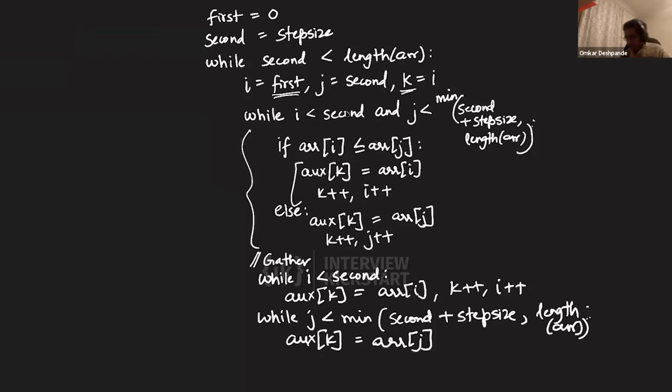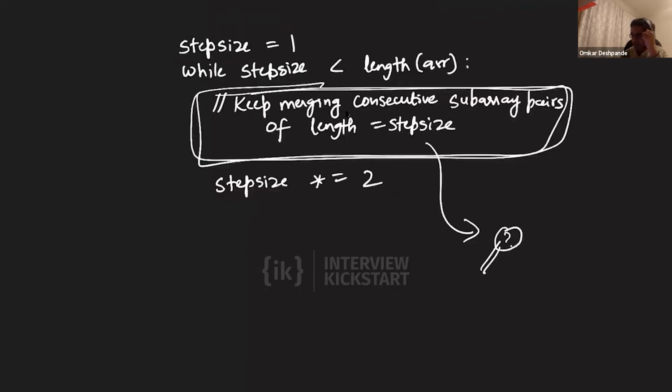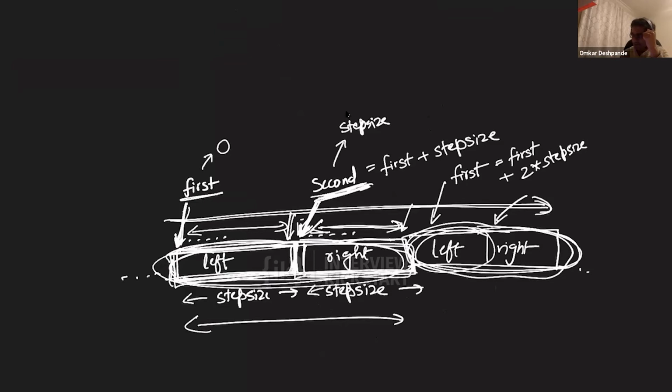And then once the gather phase is over, then we have to copy back the values from the auxiliary output to the original array. Right? The original array had values from the first index to index second plus step size.